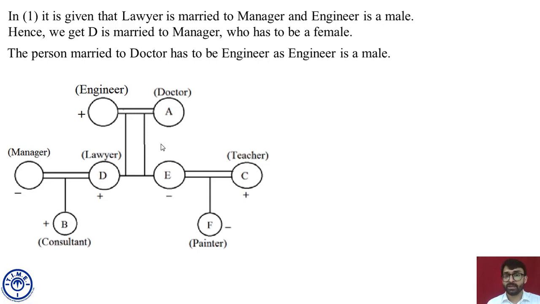So the person married to the doctor has to be an engineer. That is the only possibility we can say, because engineer is a male. Manager cannot be male. E cannot be male because she is a female. Fine. So the person who is male as engineer is married to A. This is perfectly all right. Let's move ahead. Now 2 placements and 1 profession is required.